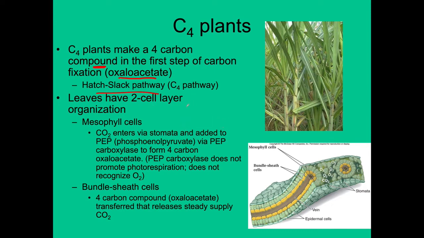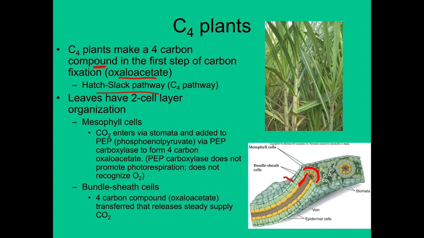Now, what's happening is, in the leaves of these plants, you can see these big long corn stalks, leaves have a 2-cell layer organization. They have mesophyll cells and they have bundle sheath cells. So these right here are the mesophyll, right, these light green. And then the bundle sheath cells are these yellow ones right here. And in the mesophyll, CO2 enters through stomata, right?